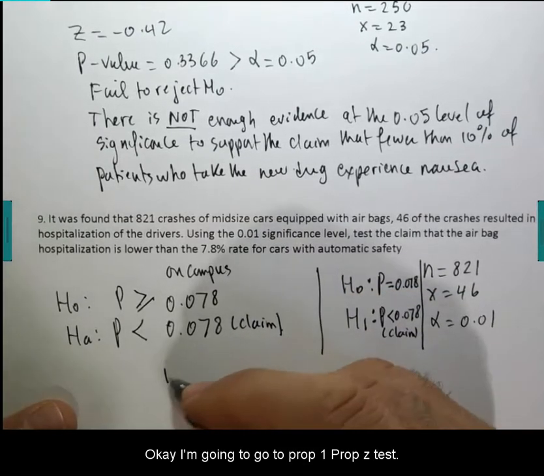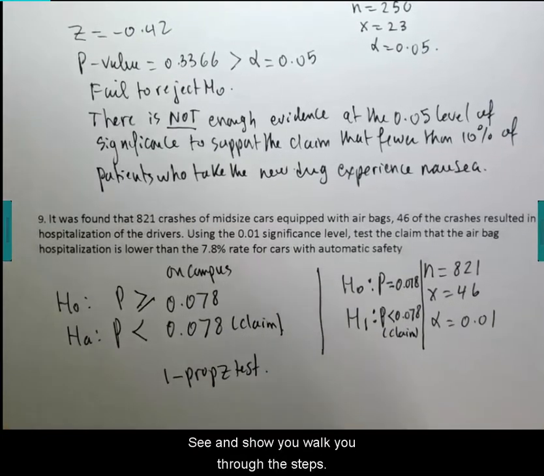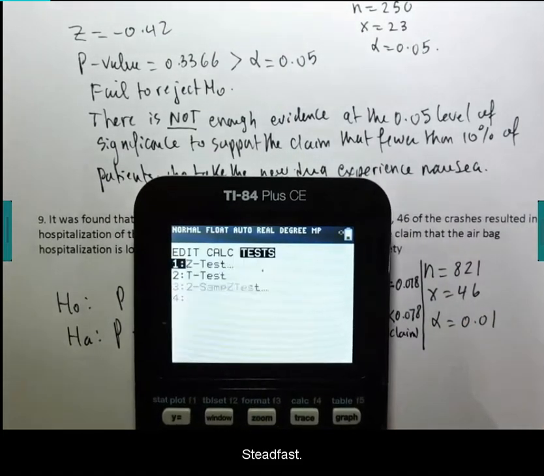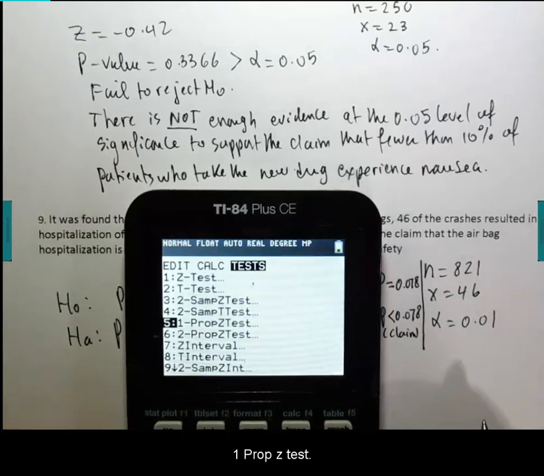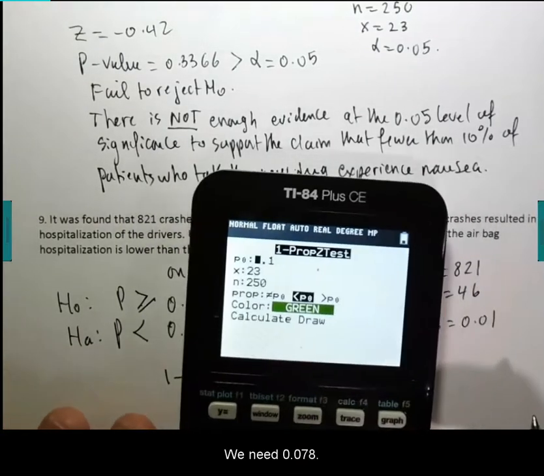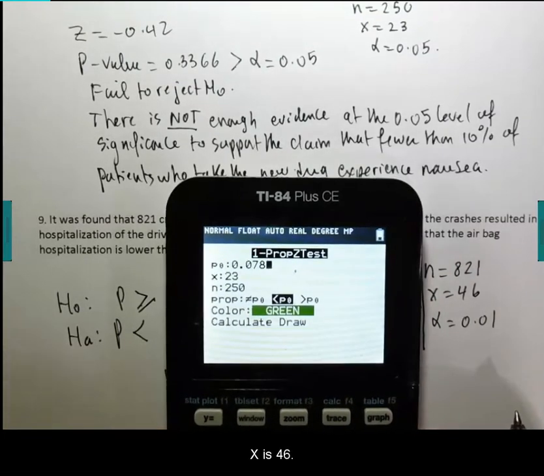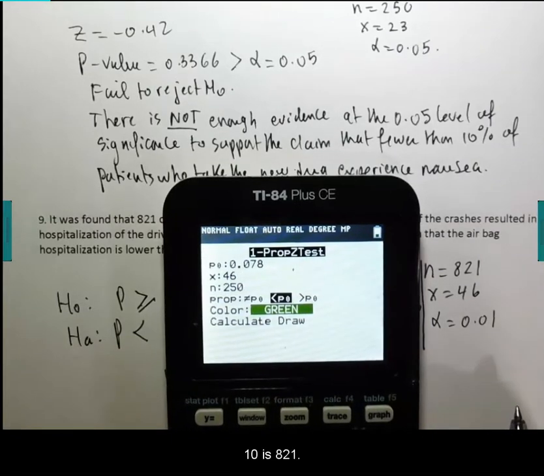Okay, I'm going to go to the 1-prop z test, and walk you through the steps. Stat, tests, 1-prop z test. We need 0.078. x is 46. n is 821. And we need less than.